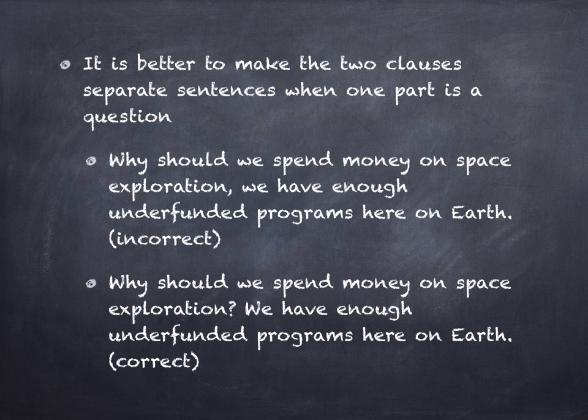This is a question, and it is separated with only a comma. This is incorrect. The best way to write this is to say, why should we spend money on space exploration? With a question mark. New sentence. We have enough underfunded programs here on Earth.